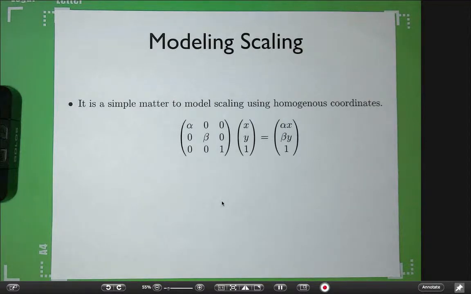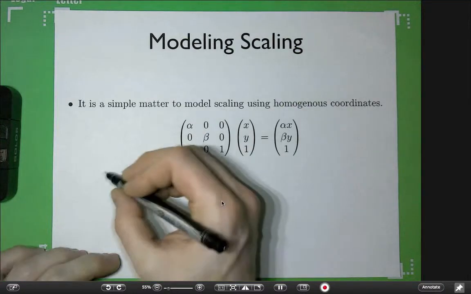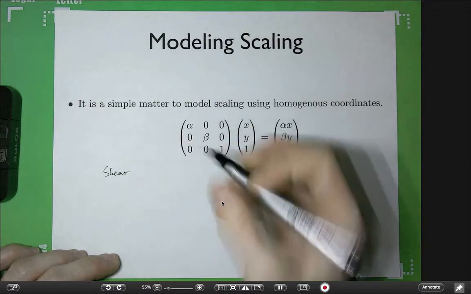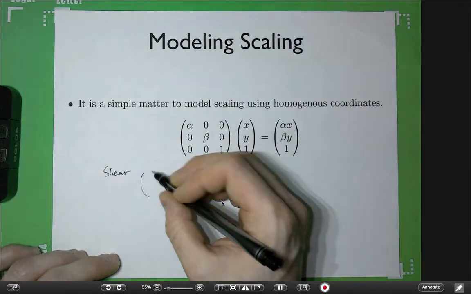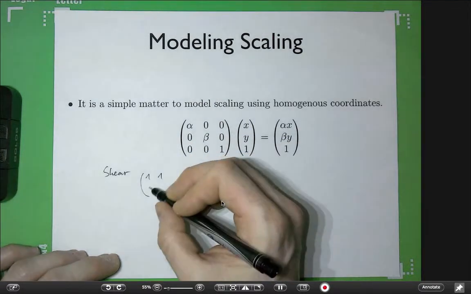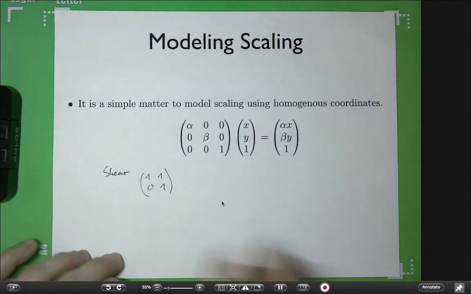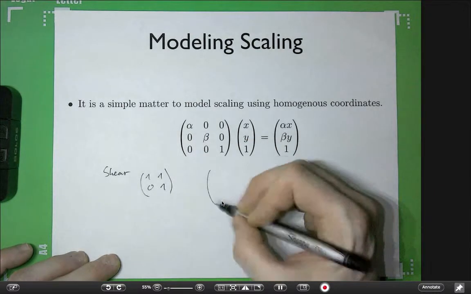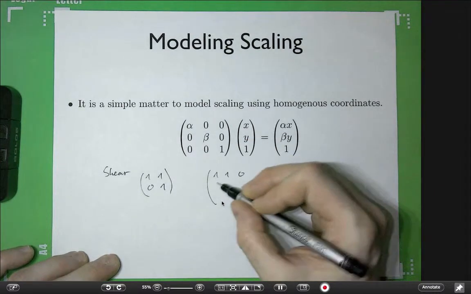Most of the transformations you'll be dealing with are rigid, but in some special cases you might need non-rigid transformations. So here is an example of a non-rigid transformation. Another example would be shear. An example of shear would be like this. I just write the linear part. Obviously, if I want it in homogeneous coordinates, I would just expand it, right?